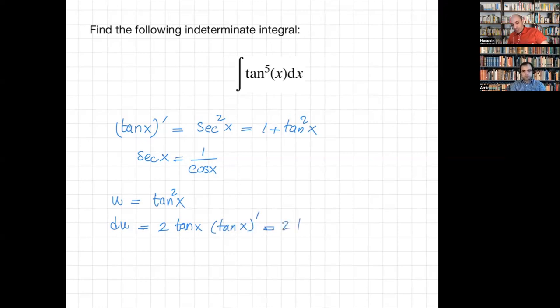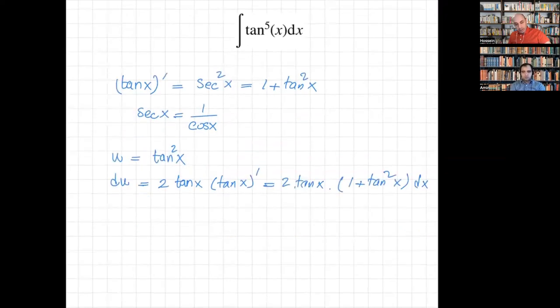So it's 2 times tangent of x times 1 plus tangent squared of x dx. So this is a change of variables. I'm going to apply this change of variable to our integral.